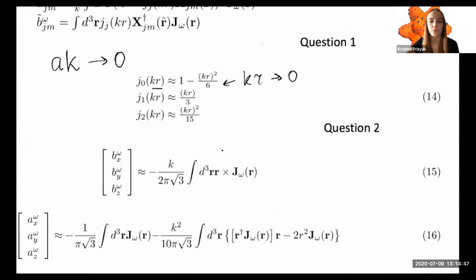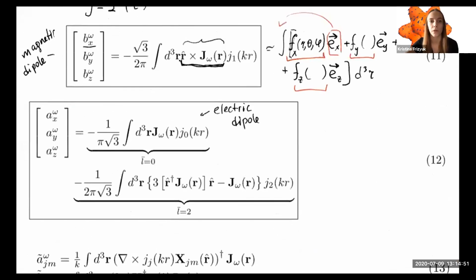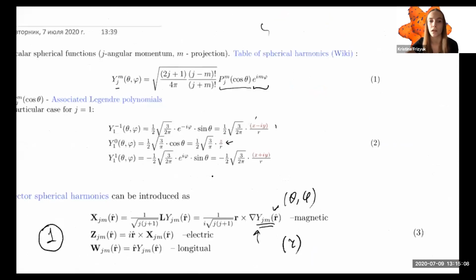I would like to remind you one more time that this formula is correct for any possible current. So if you have any kind of nanoparticle, any shape of nanoparticle, you can apply this formula and obtain the field.